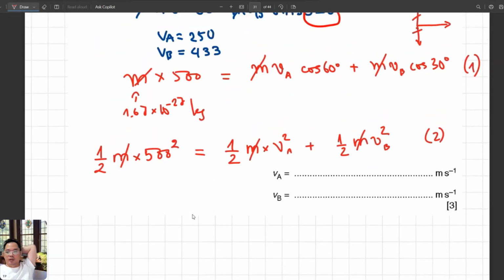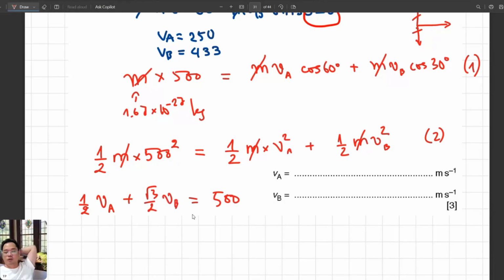Cosine of 60 degrees is the square root of 3/2, right? Wait, no, that's 1/2. Cosine of 60 is 1/2, so 1/2 of VA. You can imagine VA is like an x and the other is a y to simplify the calculation. And then VB times cosine of 30, which is square root of 3/2.